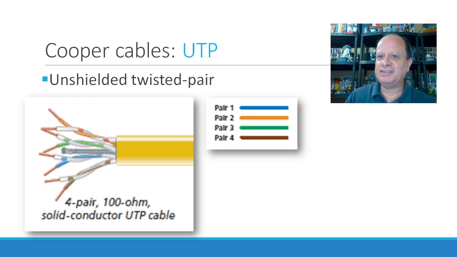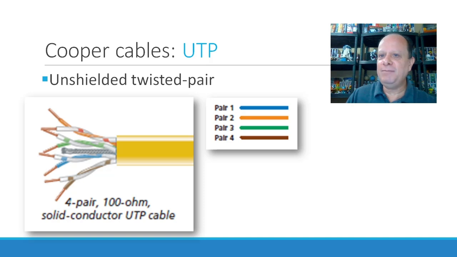Each pair consists of one conductor of solid color and a second conductor, which is white with a stripe of the other color. The colors of the wire pairs in the cable in order are blue for pair number 1, orange for pair number 2, green for pair number 3, and brown for pair number 4.